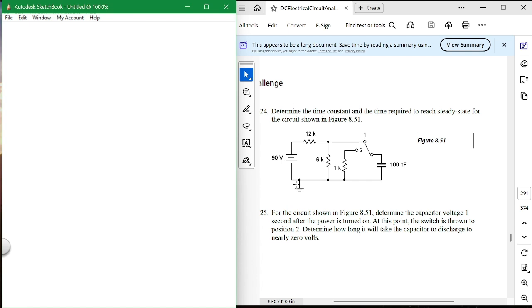And why is that important? Well, when a contact opens on a motor starter, what is a motor? It's an inductor.